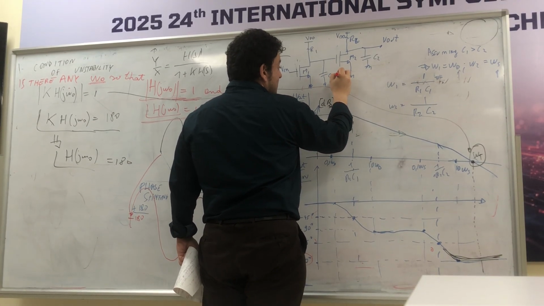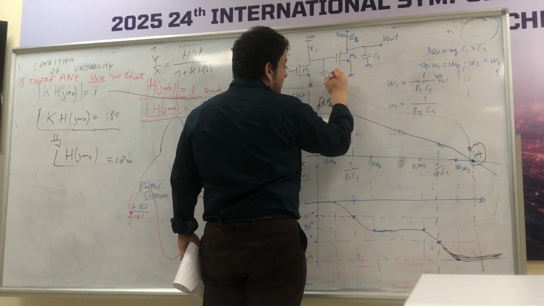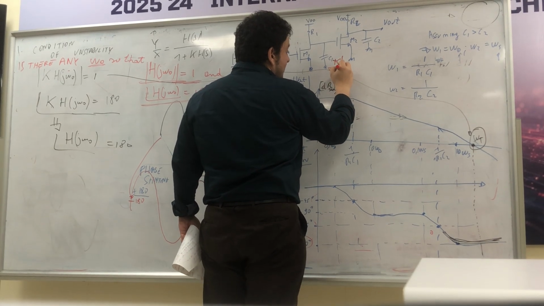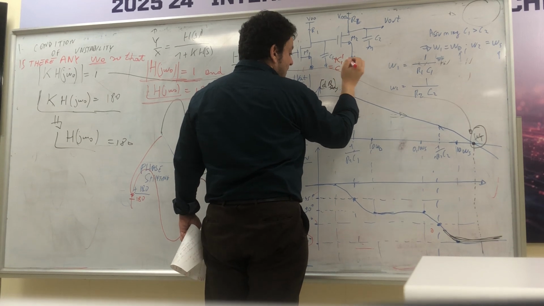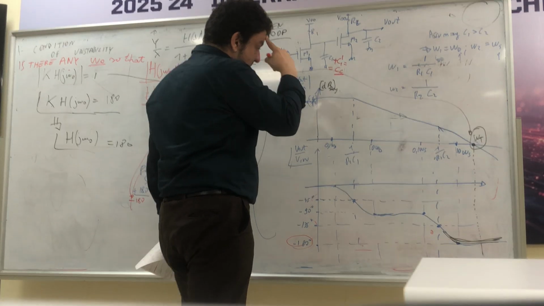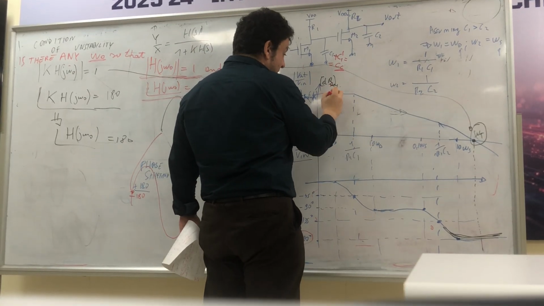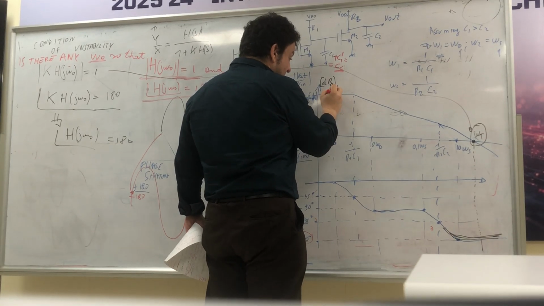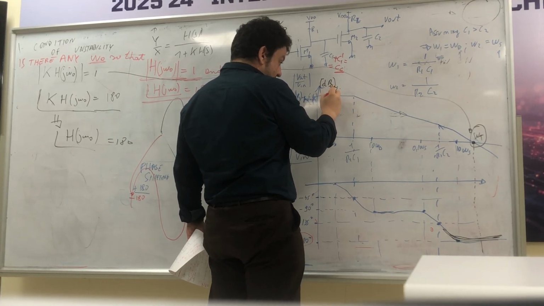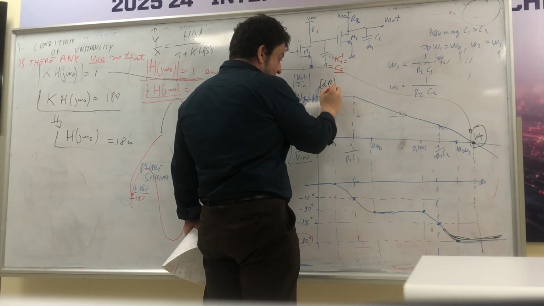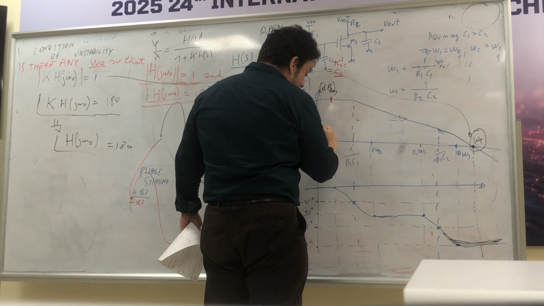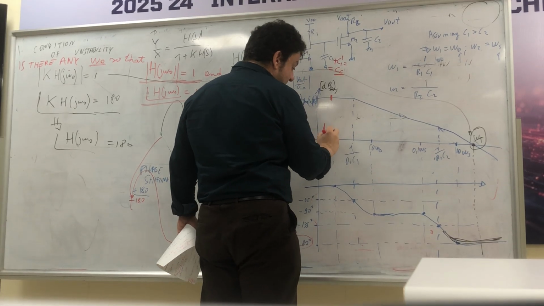Plus C, I mean overall C1 plus C, let's call it C compensation, okay? And they move from this value to, let's say here, okay? So now I have this new pole 1 over R1 C compensation, okay?